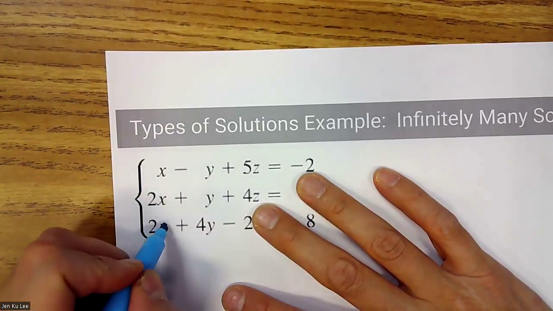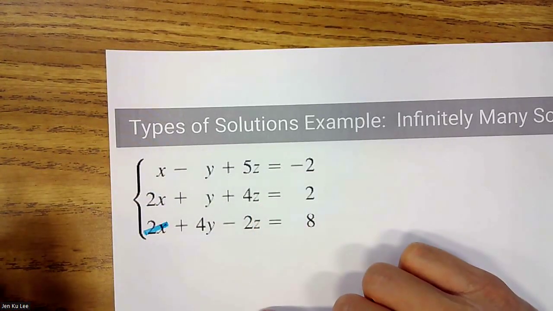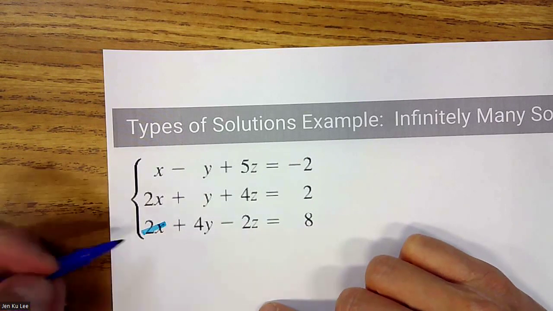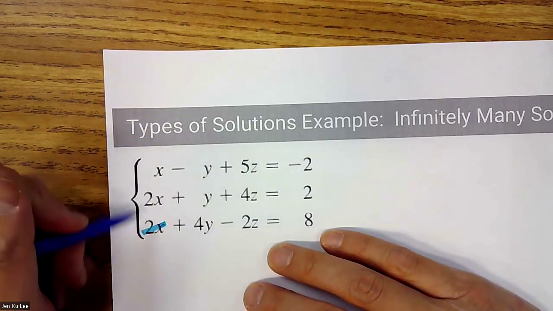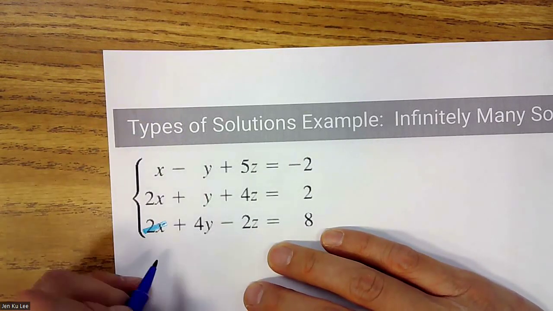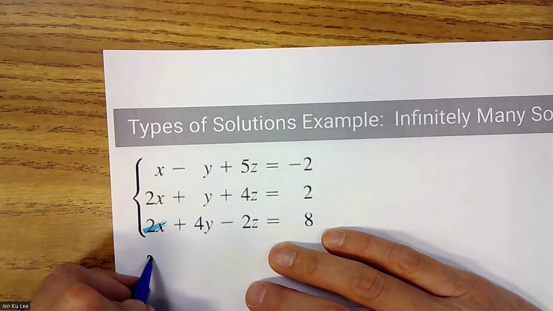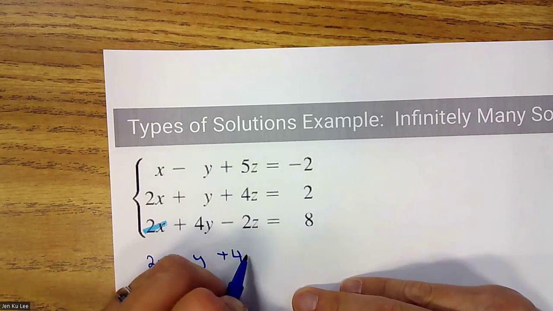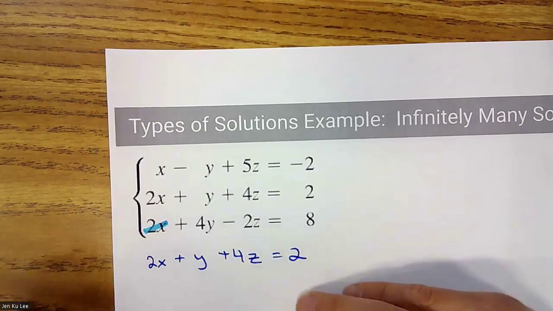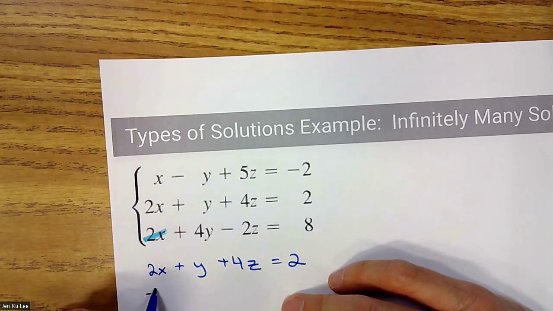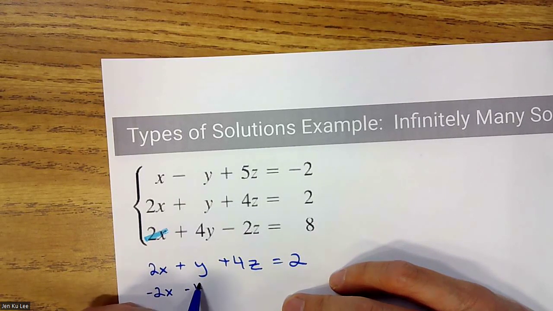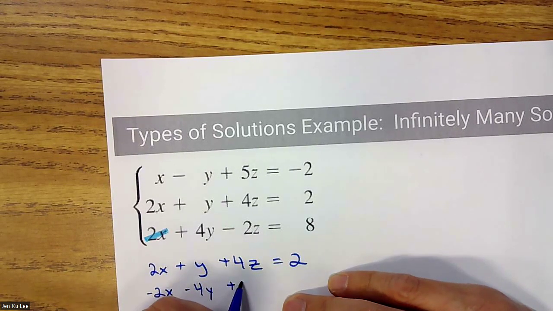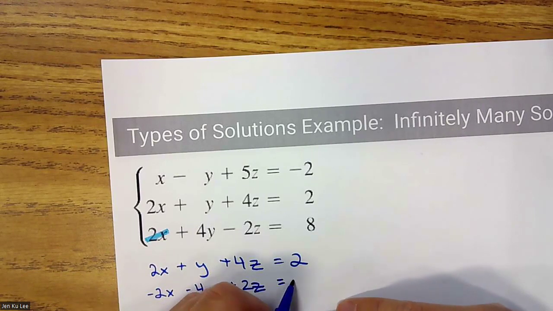So this one here, I can literally subtract the bottom two, right? So that would be 2x plus y plus 4z equals 2. And this would be negative 2x minus 4y plus 2z equals negative 8.